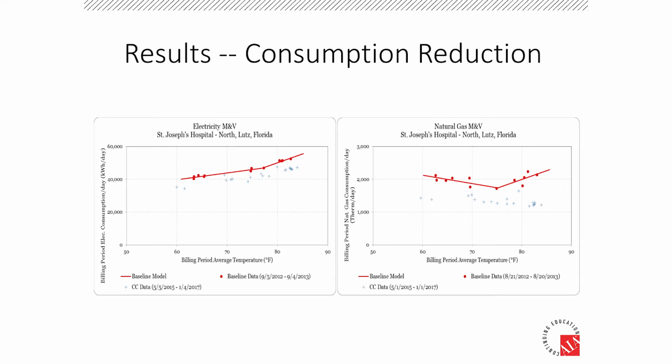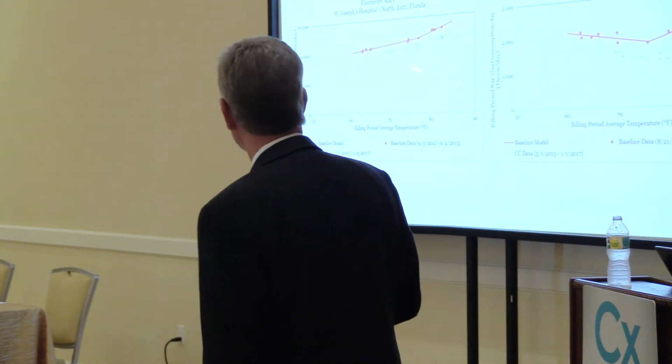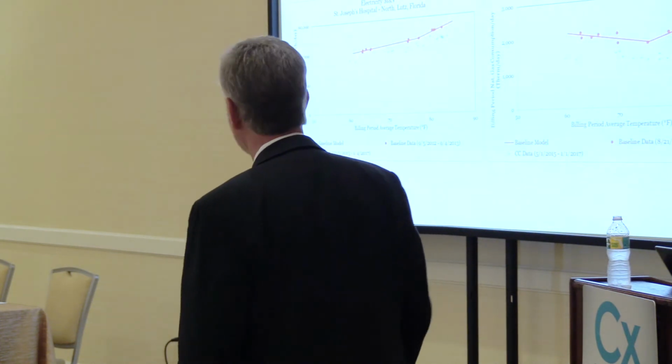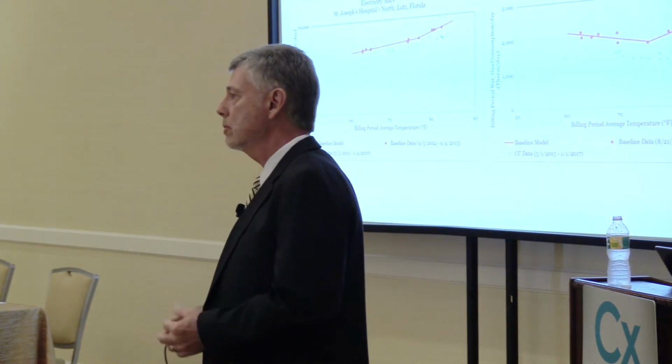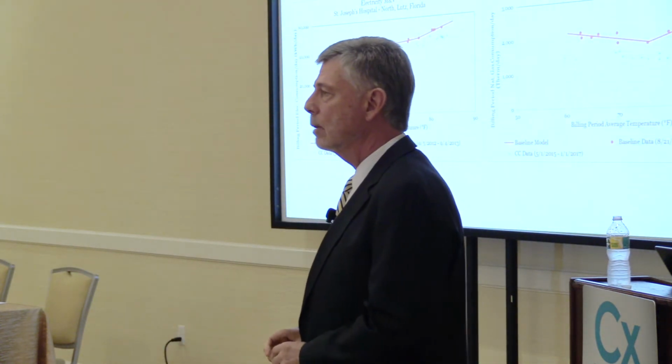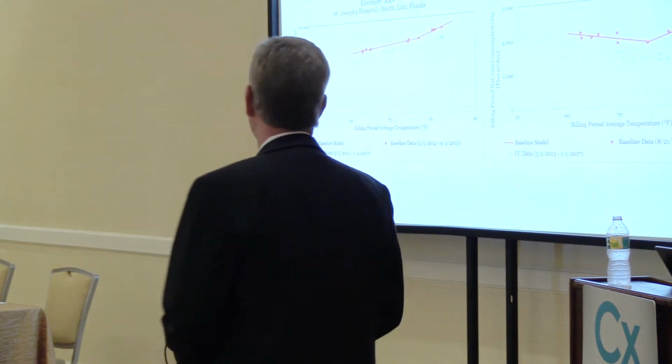This is the regression equations that we wrote and made our measurements by. The solid line was the actual baseline that we established for electricity and for gas. And the plus marks, again, you can't see that in the back, but you can see the plus marks are beginning to establish a new equation. Anything below that red line represents savings.